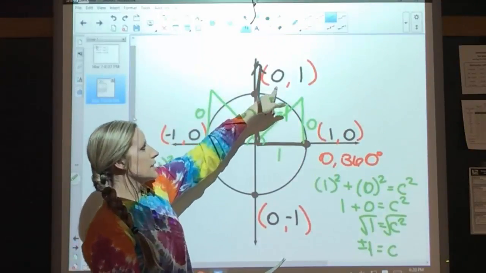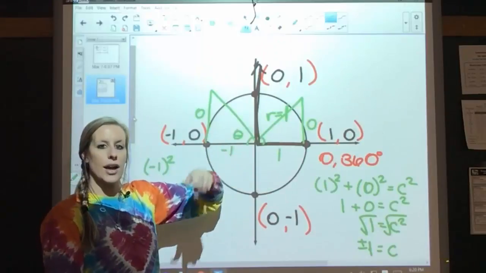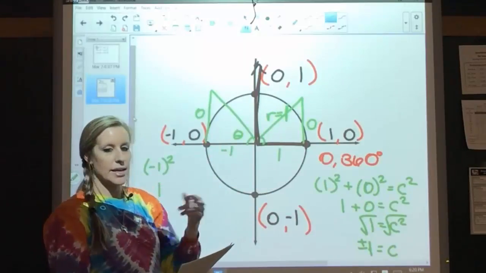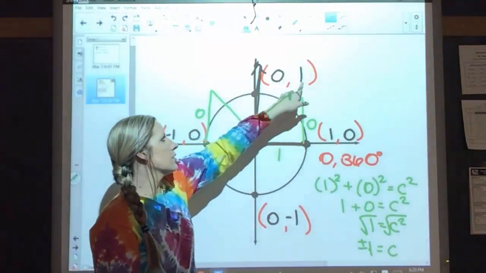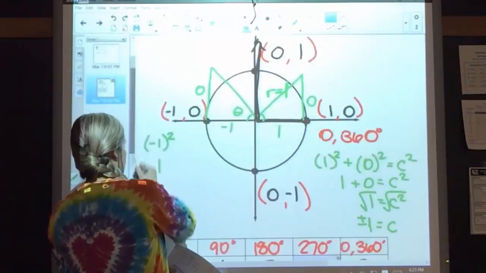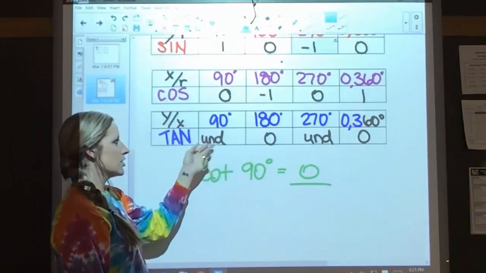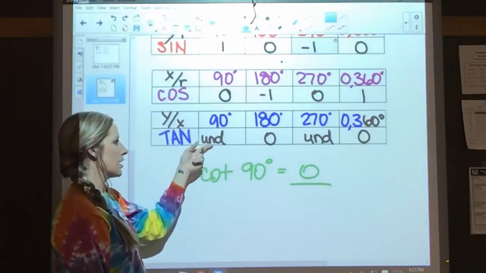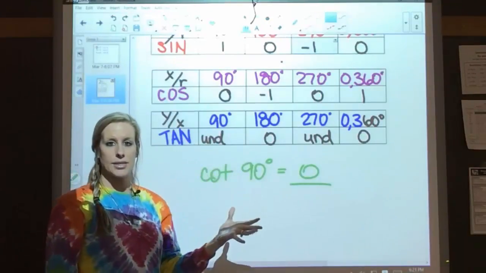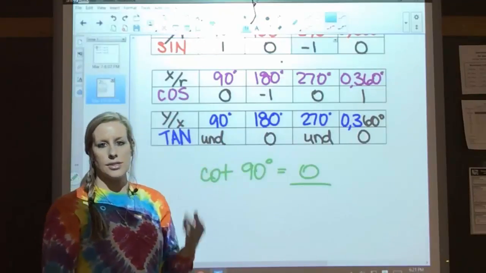Go to 90 degrees, and instead of being y over x, cotangent is x over y. So 0 divided by 1 is 0. And you could just flip your tangent. Instead of it being undefined, where you're dividing by 0, if you flip it, now the 0 is on top.